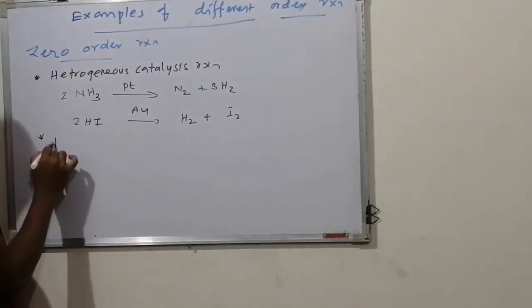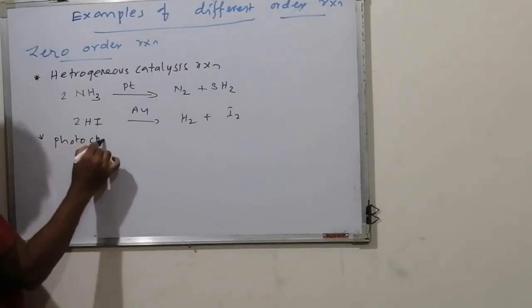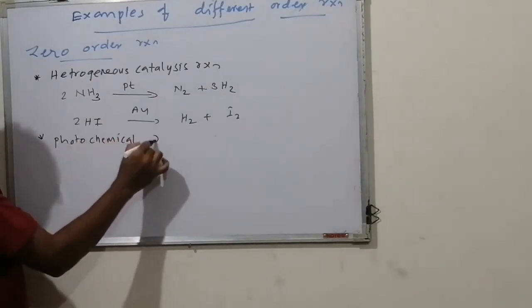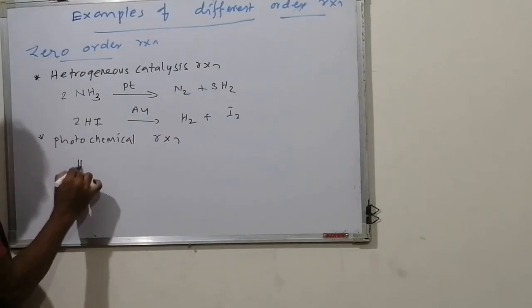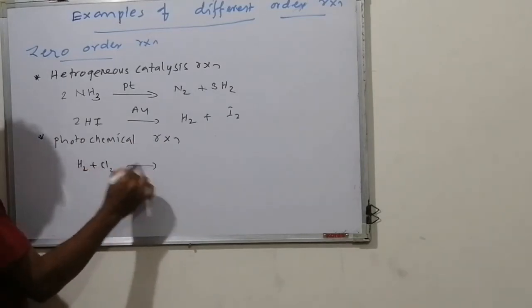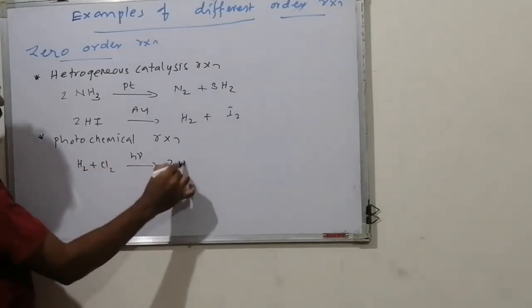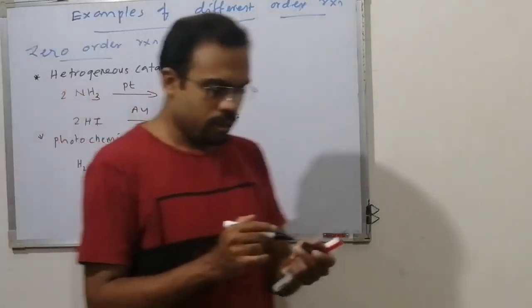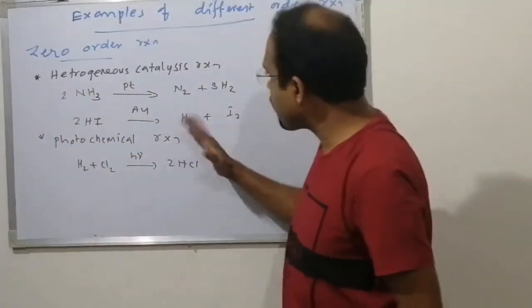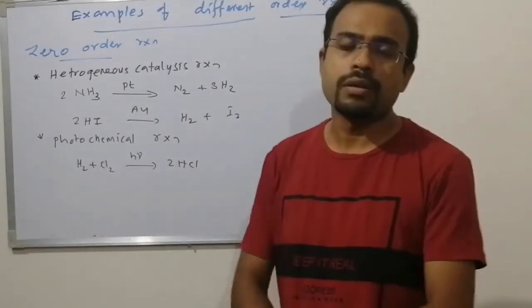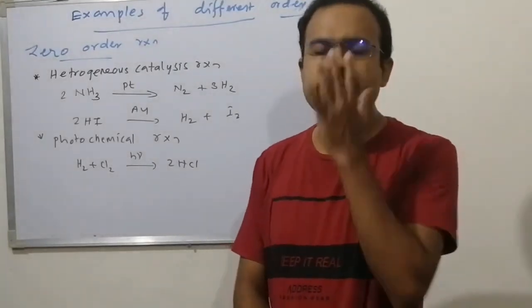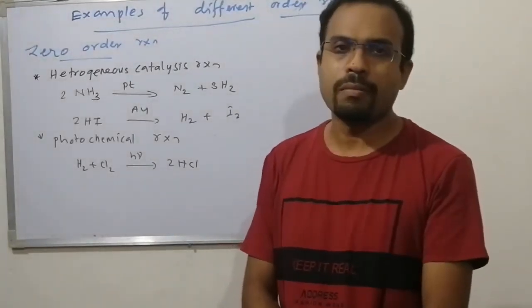Second is photochemical reactions, that is H2 plus Cl2 giving 2HCl. Please remember, don't think that all photochemical reactions are zero order. That's wrong. Order can be understood from the rate law expression.